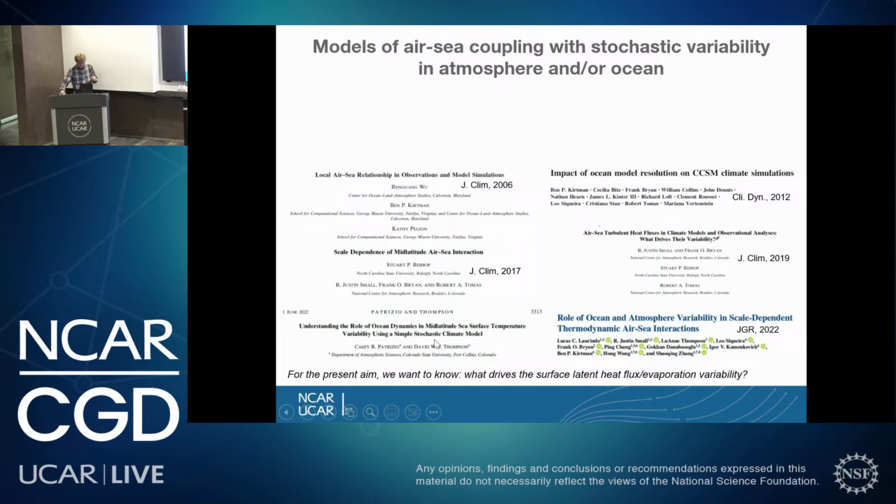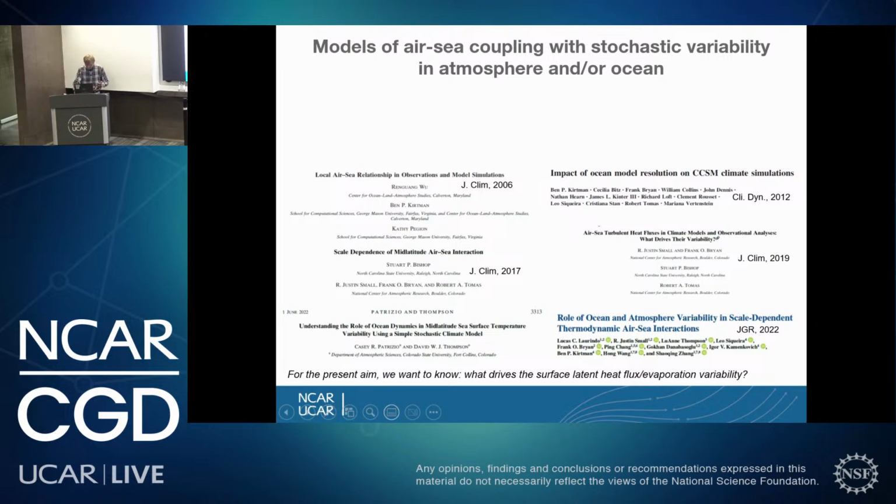And then the most recent papers, I think one by Lucas Laurindo and our group, looking at scales in more detail from very long climate simulations of the air-sea interaction. And then Patrizio and Thompson, again applying the stochastic model. They've had some kind of curious findings on longer time scales.